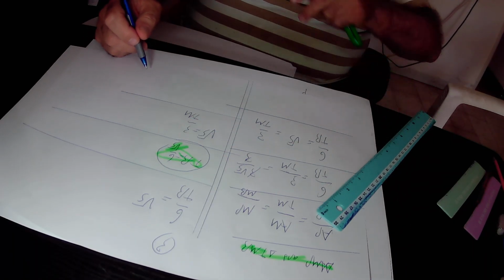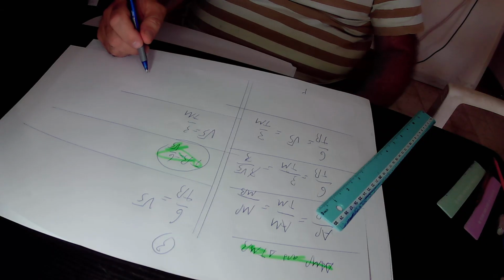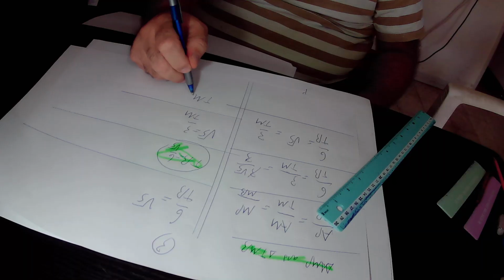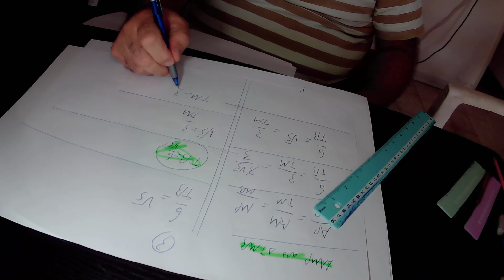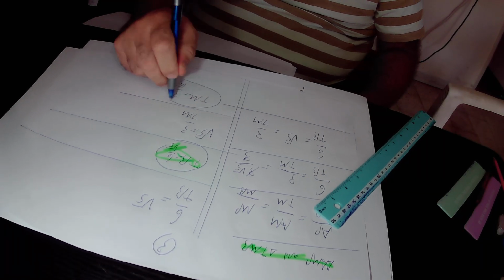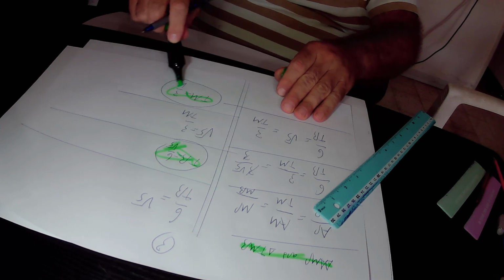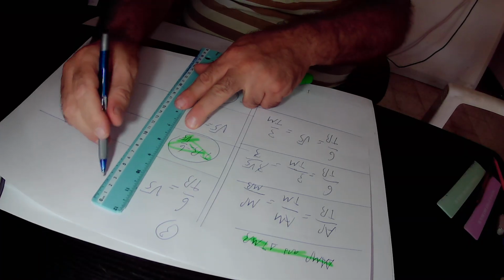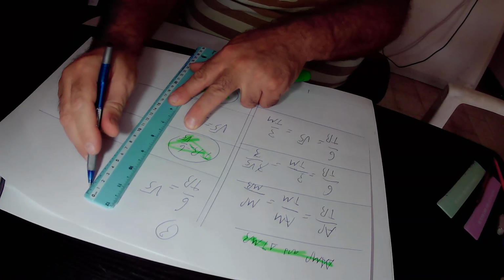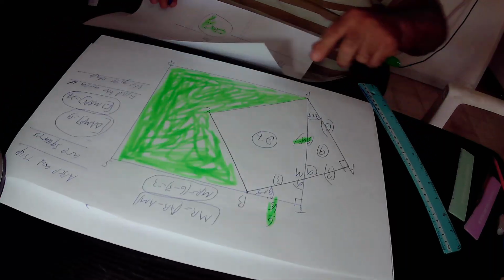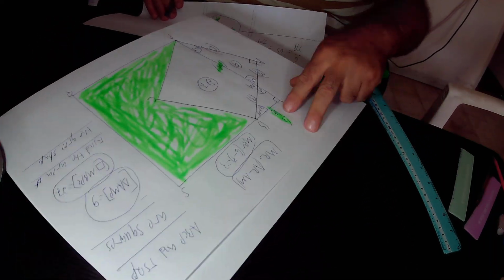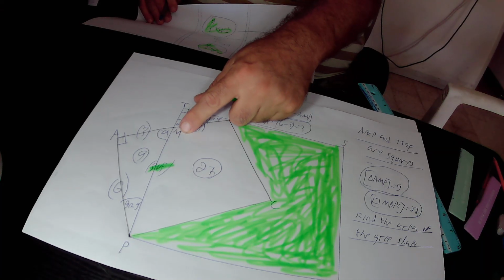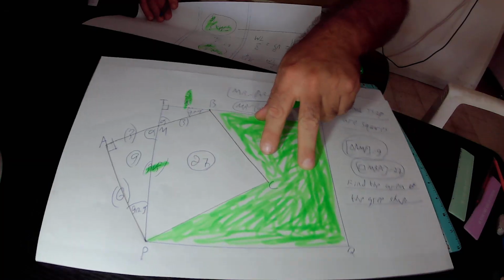Here we multiply this equation by TM and then we divide it by square root of 5, and in total we get that TM is equal to 3 over square root of 5 units in length. This is the missing side TM.